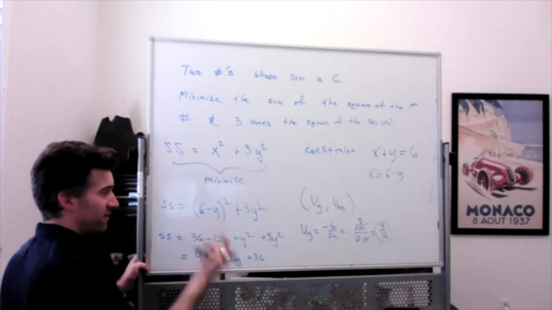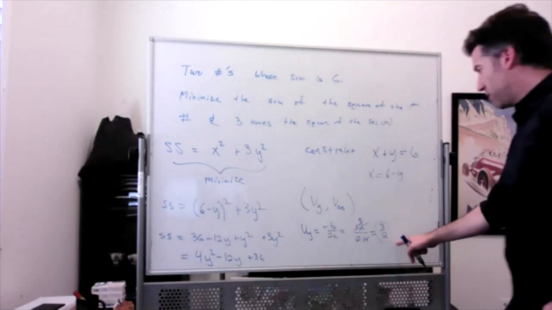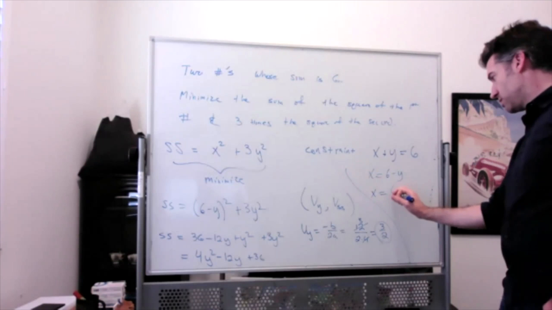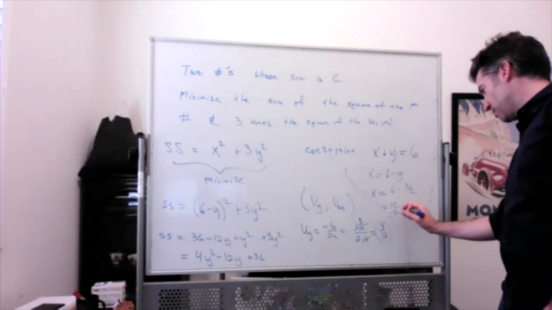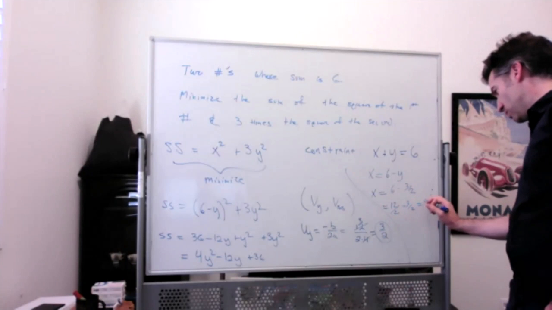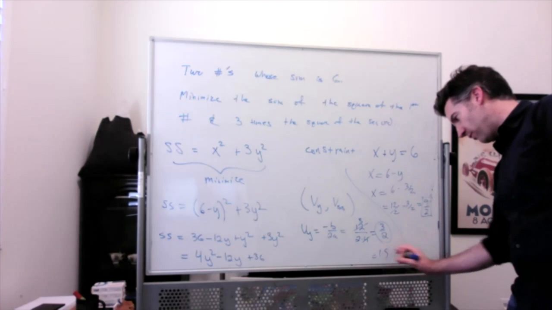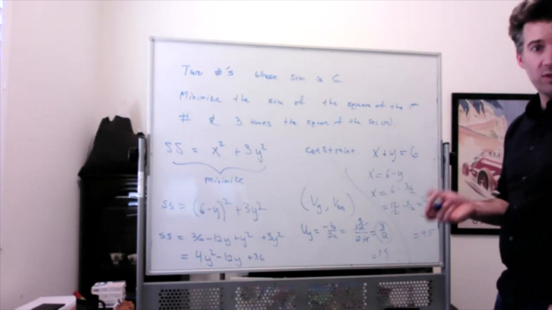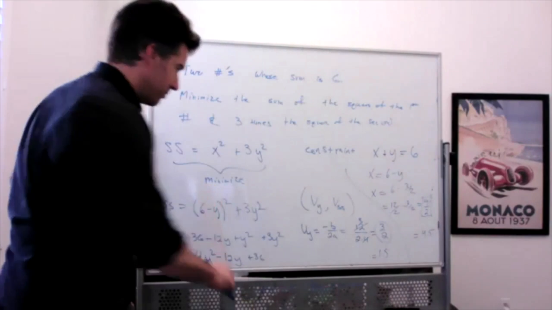I don't really need to find what the sum of the squares is. Instead, I'm just going to go back and say, okay, if y is 3 halves, x is going to be 6 minus 3 halves, which is 12 halves minus 3 halves, which is 9 halves. You could say that this is 1.5 if you prefer. You can say that this is 4.5. So those are the values that would maximize this sum of squares.